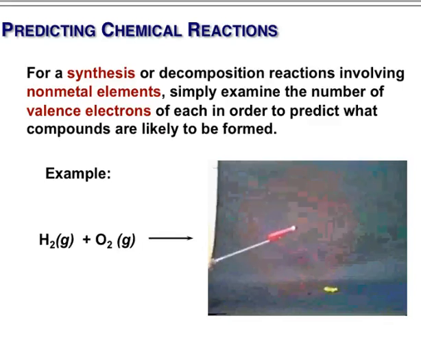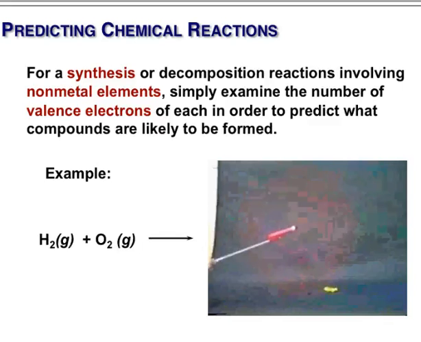So instead of looking at charges here, what we do is we look at these elements and we decide how many bonds they're typically going to make. Oxygen is group 6. It has 6 valence electrons. It needs 2 electrons.